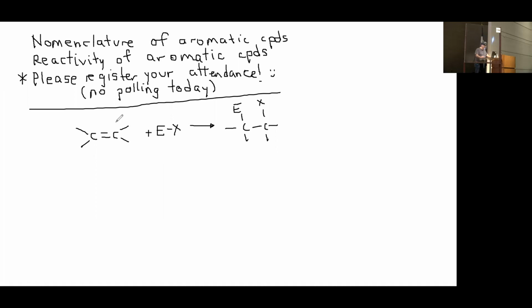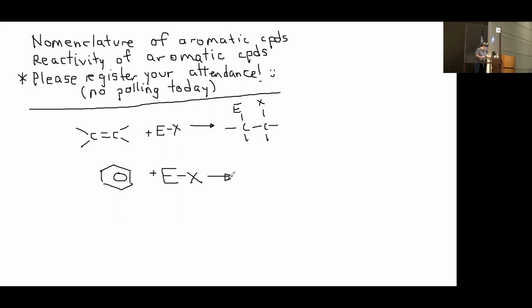But when you treat alkenes with electrophiles, we learned they tend to undergo addition reactions, and you get products of this type. But that's not so for aromatic compounds. Aromatic compounds undergo substitution reactions when you treat them with electrophiles of this type.